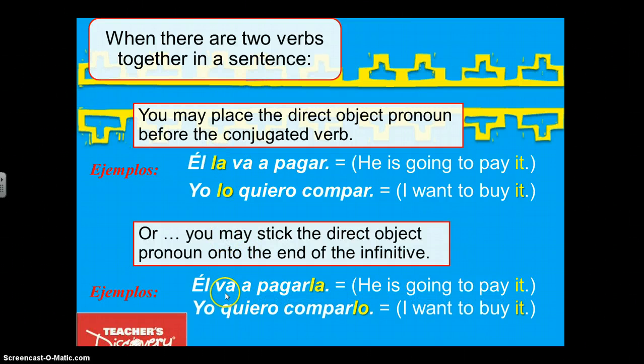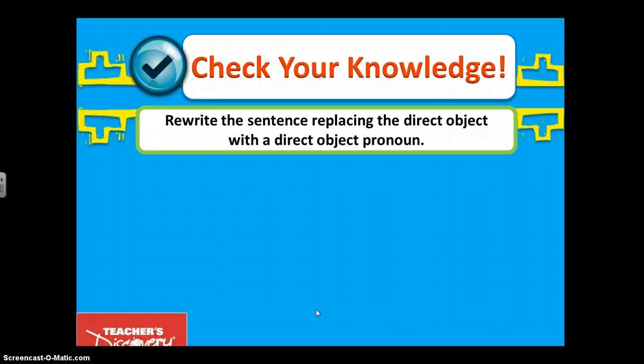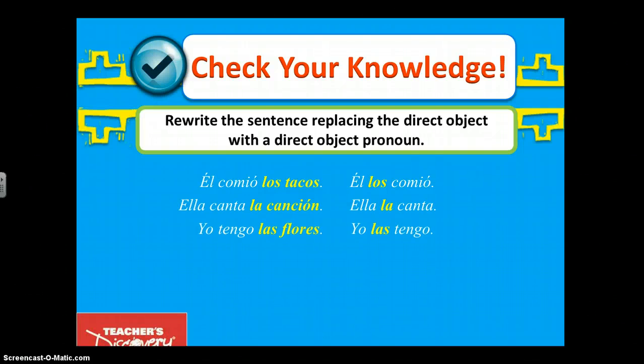These sentences here are the same as the two sentences up here, but notice how I've taken the la and attached it to the infinitive. I've taken the lo in the sentence above and have attached it to the infinitive. Notice it's comprar, not compar. There's an error. You don't need to worry about these examples because this contains a lot of vocabulary that you haven't had.